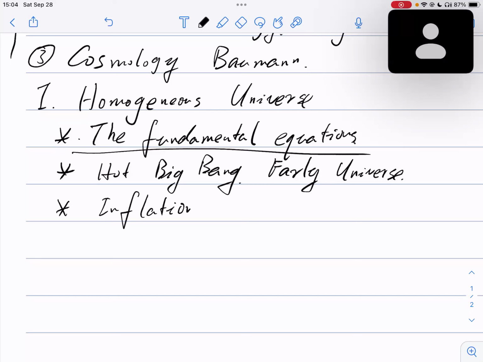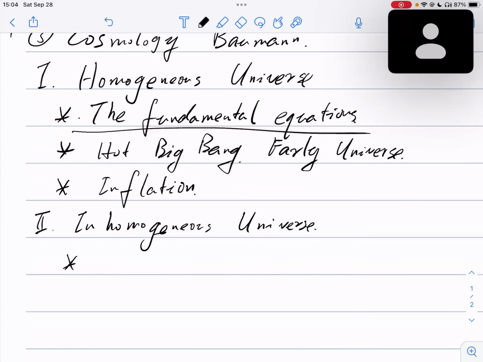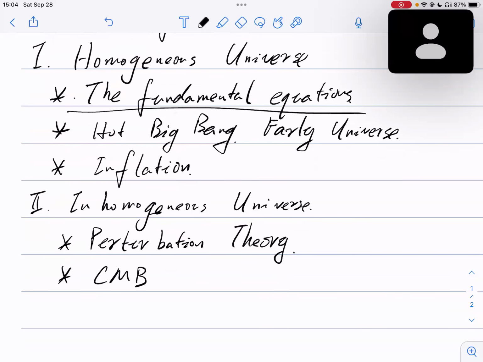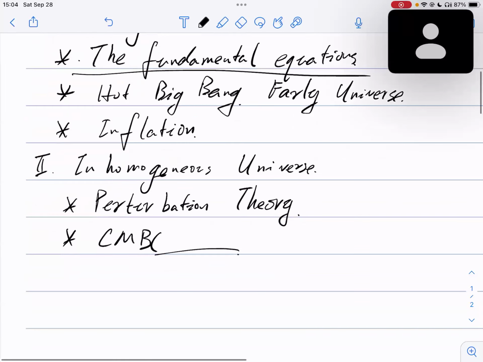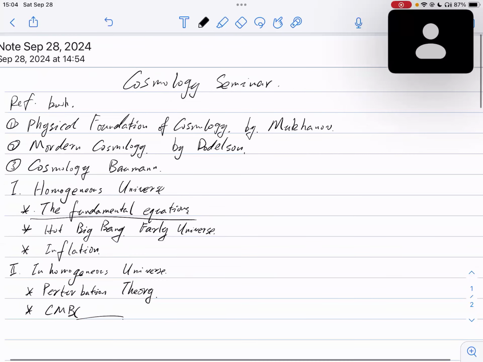And the second part is the inhomogeneous universe. We'll include mainly two topics. The first is the perturbation theory, including the growth of structure and the perturbation theory for inflation, and the CMB, the cosmic microwave background. Okay, so much for this. This is the main content of this seminar.